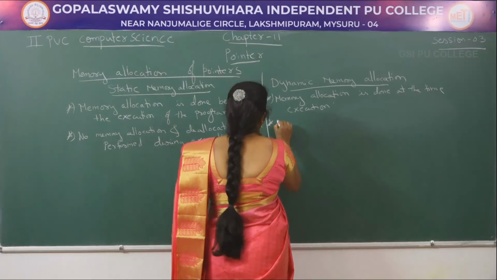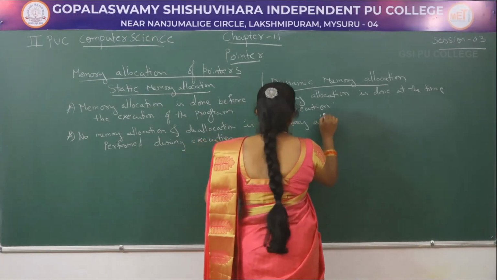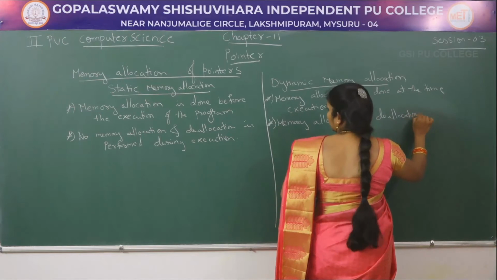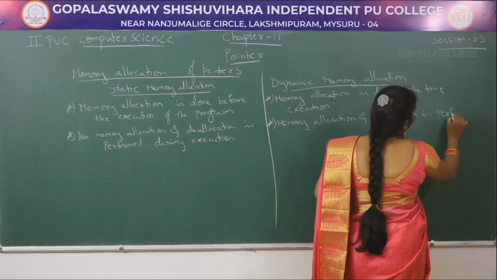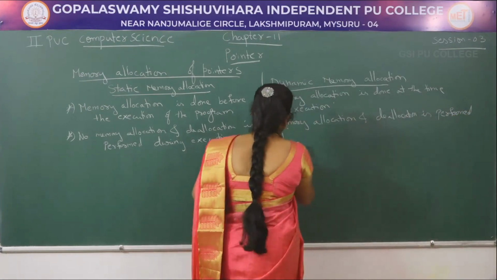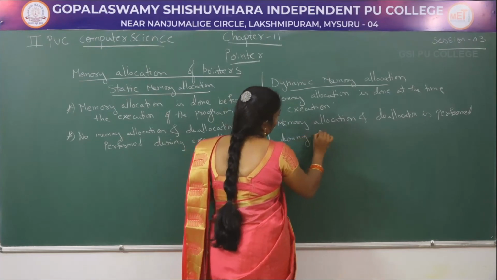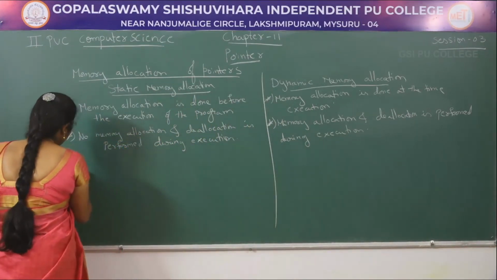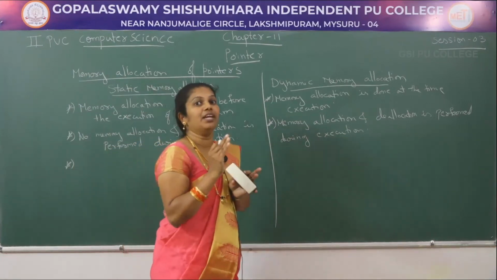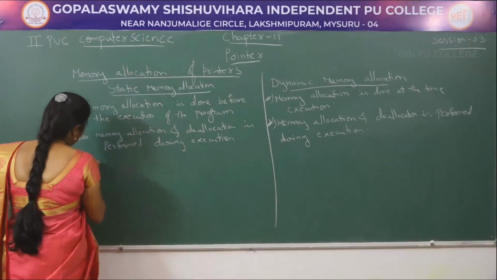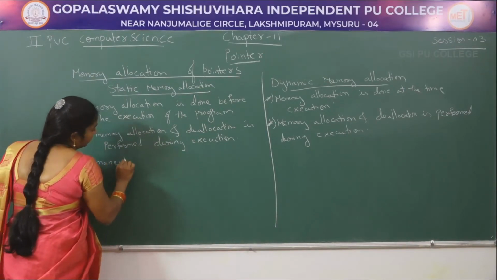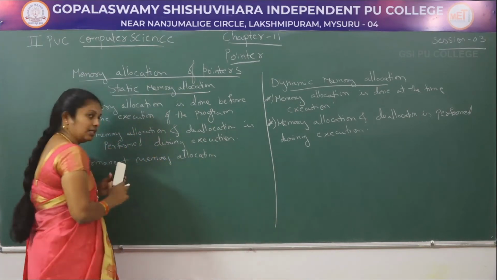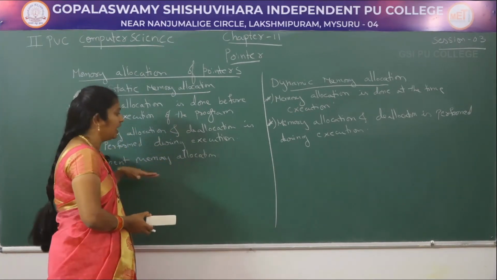Here memory allocation and deallocation is performed during execution of the program. With that, here memory is permanent: permanent memory allocation. That is, once a space is allocated for a teacher, nobody else can use that space. It is permanent memory allocation.